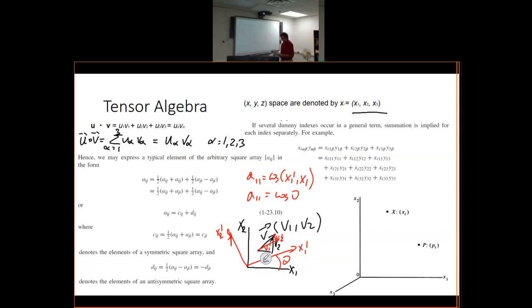And A12 would be between x1 prime and x2 angle. Do you see what I'm writing now? Yes, sir. It works, okay, good. So this is the cosine between x1 prime and x2, which is the same as the cosine of pi over 2 minus theta, which is sine of theta.